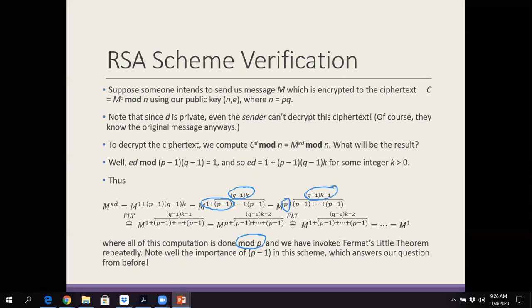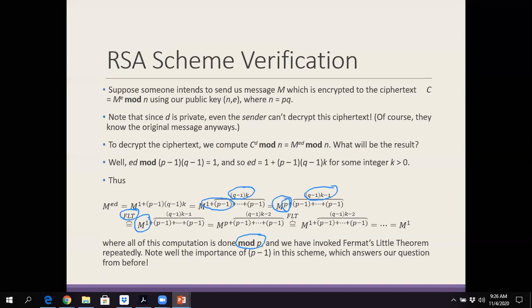M to the P is the same as M mod P. Remember, because Fermat's theorem said P divides M to the P minus M. So instead of having M to the P, I can apply Fermat's little theorem and replace that by just M to the 1. You see what I'm saying here? Okay.